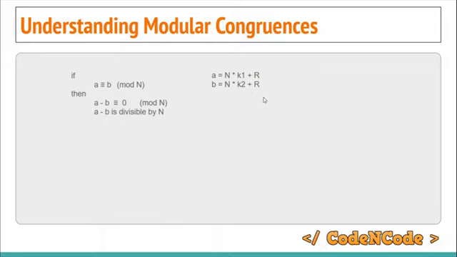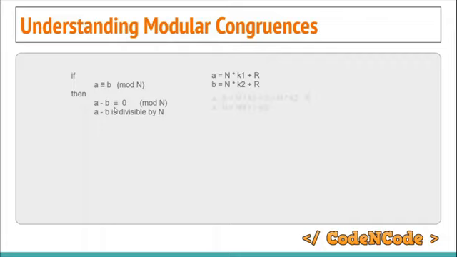I have applied Euclid's division lemma and written a as n times k1 plus r, and b as n times k2 plus r. Now you see the remainders are kept the same, both have the same remainder, because a and b are congruent to each other.